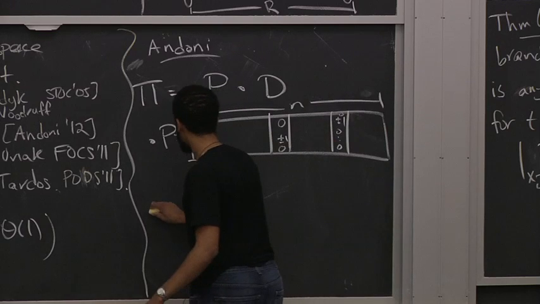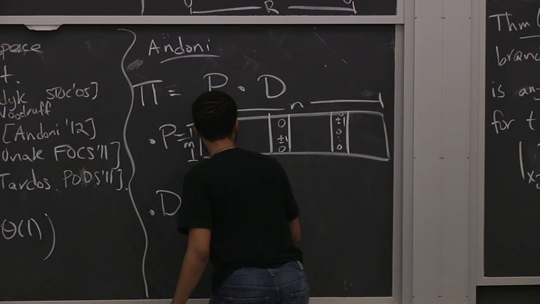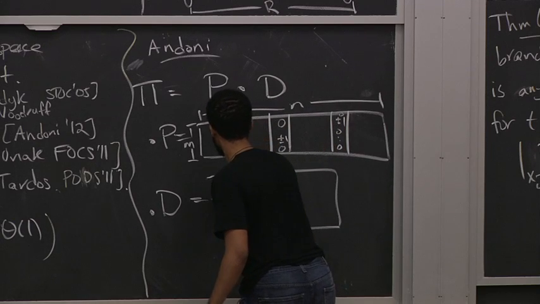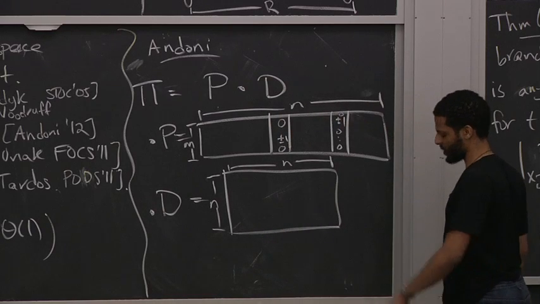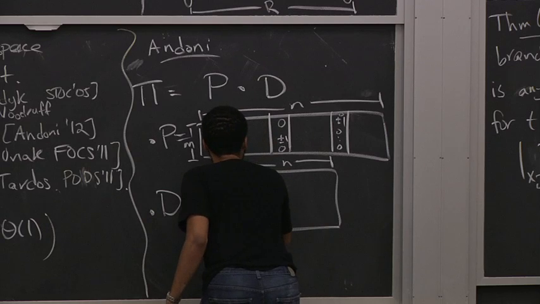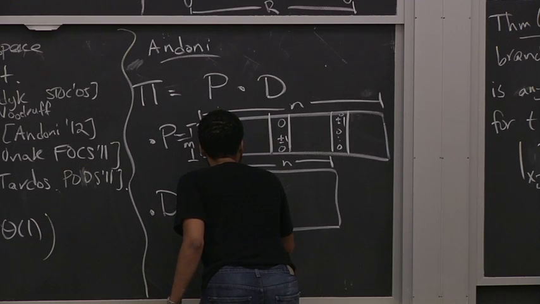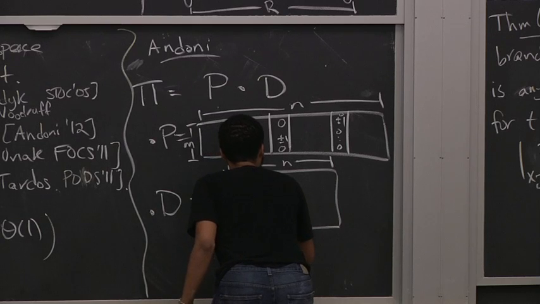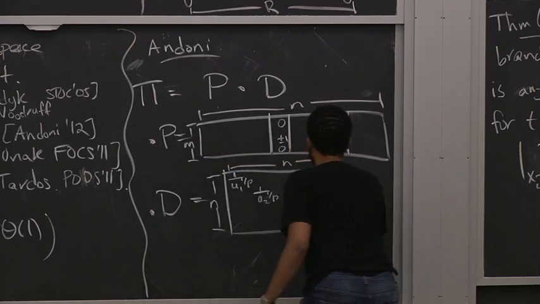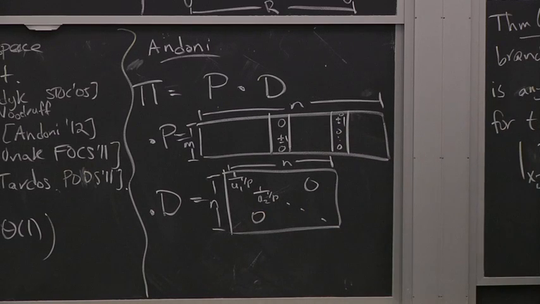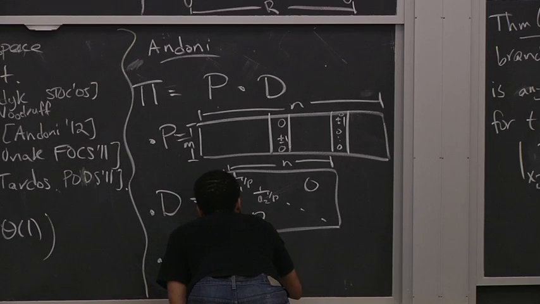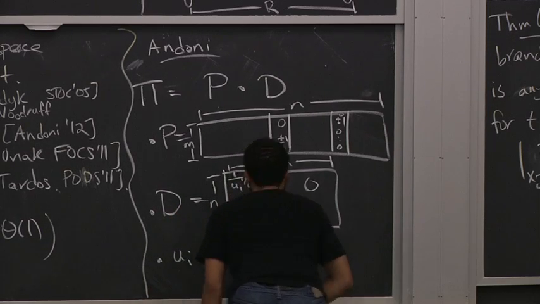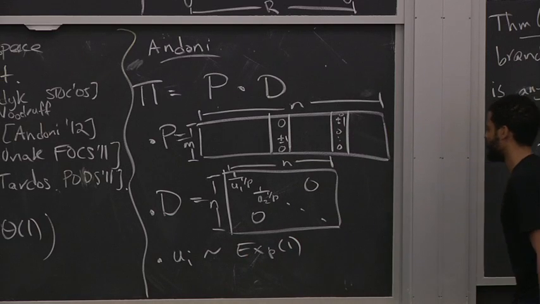And the matrix D is a diagonal matrix. It's n by n. Each diagonal entry looks like 1 over u1 to the 1 over p, 1 over u2 to the 1 over p, etc., where ui is drawn from the exponential distribution. What is that distribution?